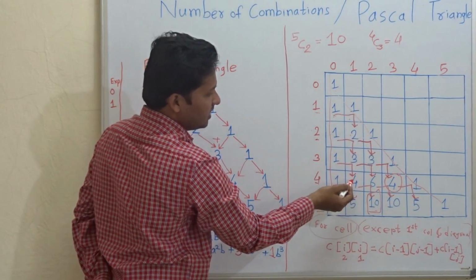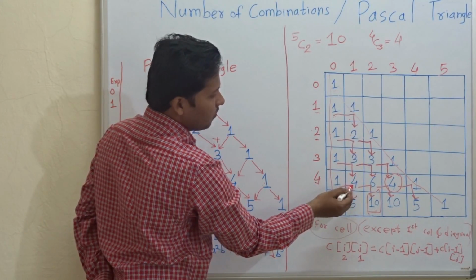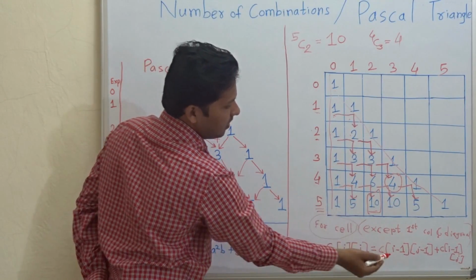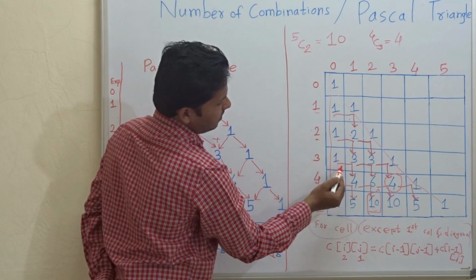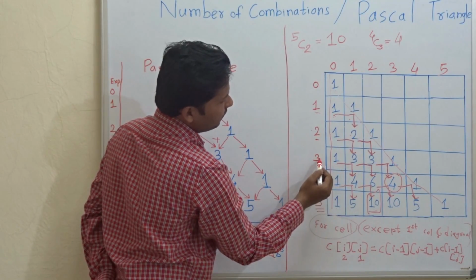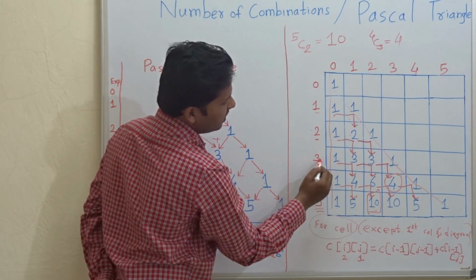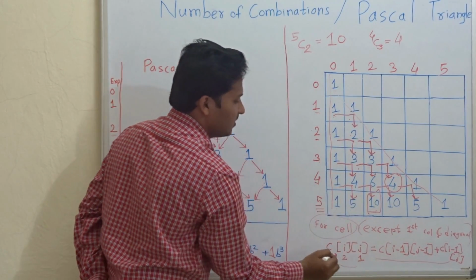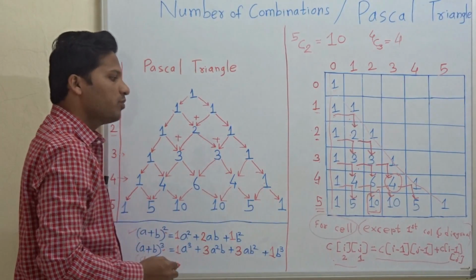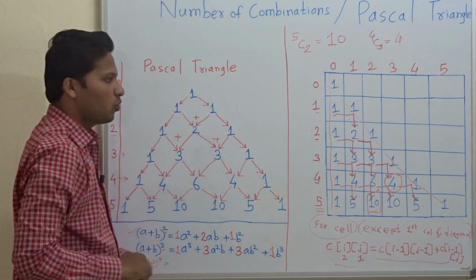So for example 4C1, we will add C of 3 0 and C of 3 1, and then we will get the answer. So this is the formula for the dynamic programming.